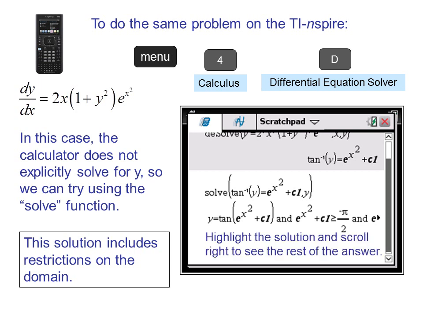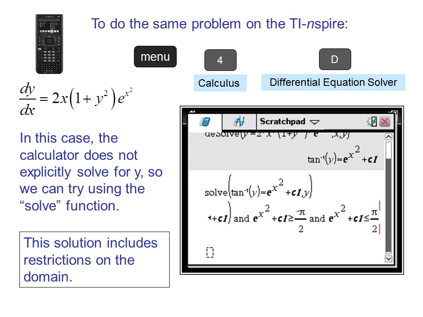We can highlight the solution and scroll right to see the rest of the answer. So here we see that e to the x squared plus the constant must be greater than or equal to negative pi over 2 or less than or equal to pi over 2.